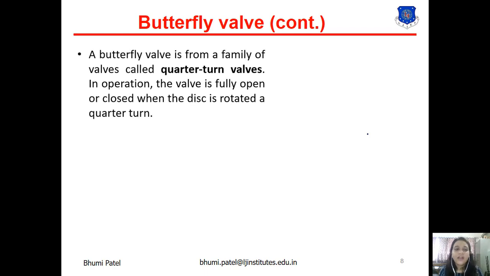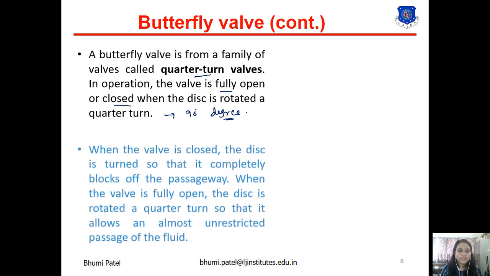Now the butterfly valve is from a family of valves called the quarter turn valves. In operation, the valve is fully open or closed when the disc is rotated a quarter turn, and the quarter turn rotation is about 90 degrees. So depending upon the quarter turn, the valve is in the fully open or fully closed position.